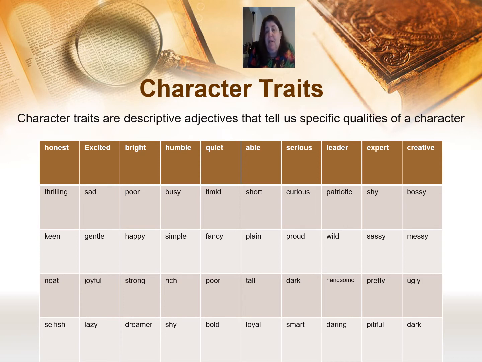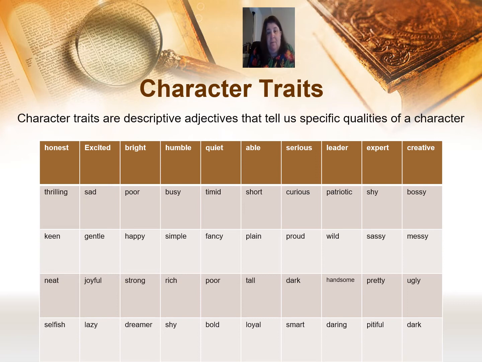So we also need to look at character traits, or the descriptive adjectives that tell us specific qualities about a character. And I have a list here that I've created, and it's not a complete, exhaustive list. There's just some that I happened to be writing as I was looking at a list of character traits, and I just picked out a handful to share.